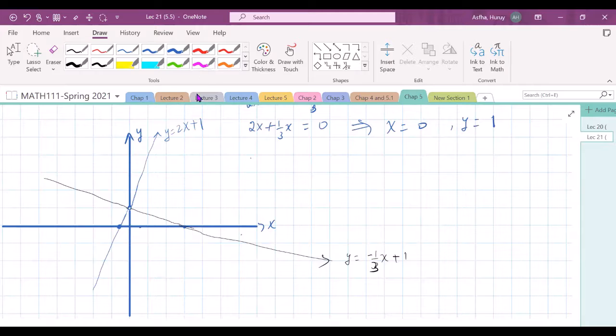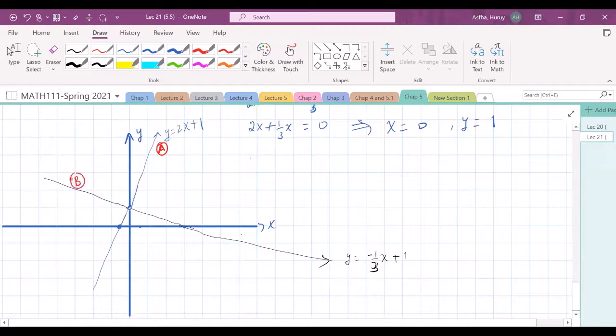Now the question is, how many regions do we have here? There is one area right here between this line and this line. Let's call this region A. And there is another region between this line and this line.